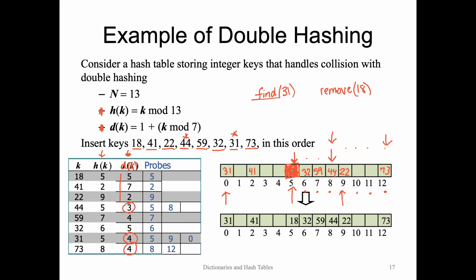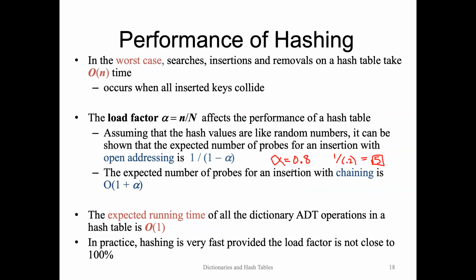Okay, so how does this compare really to chaining? So open addressing versus chaining. We saw two different approaches to open addressing, linear probing and double hashing. Double hashing is much better because it reduces the likelihood of the sort of primary clustering that we encountered.